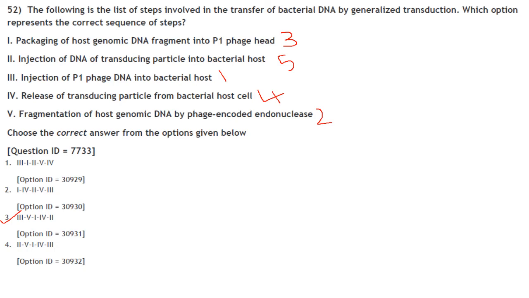Then comes packaging of the host genomic DNA fragment into the P1 phage head. Then comes release of the transducing particle from the bacterial host cell. Then injection of DNA of the transducing particle into a bacterial host. So this is the order and it is seen in answer 3. Option 3 is the answer.